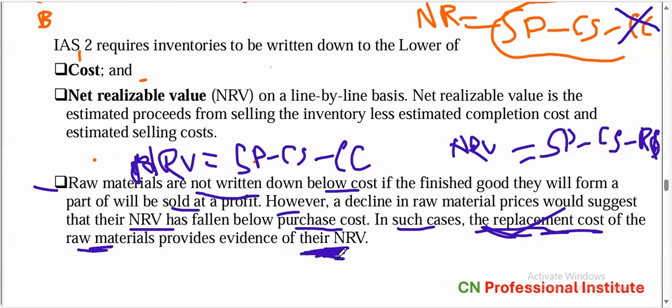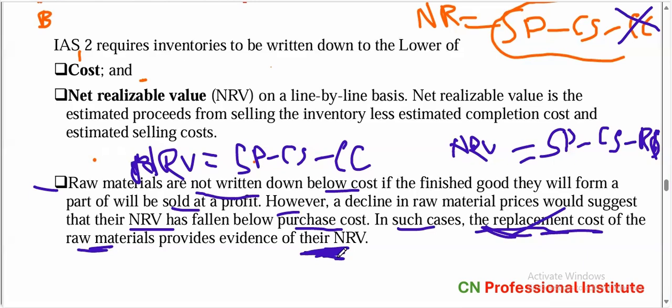Raw materials are not usually meant for resale, so where there's a decline in raw material prices, we would get their NRV and compare with the cost, but since we should use the replacement cost as the NRV.